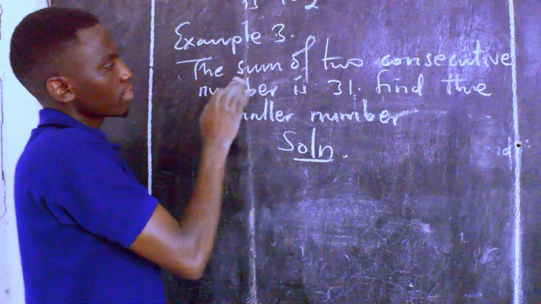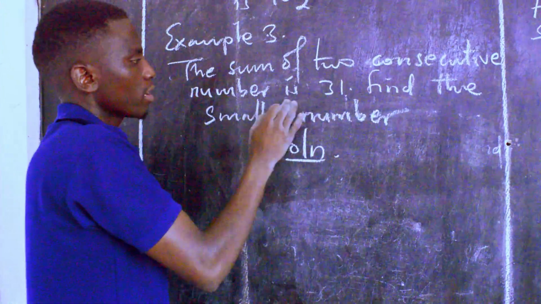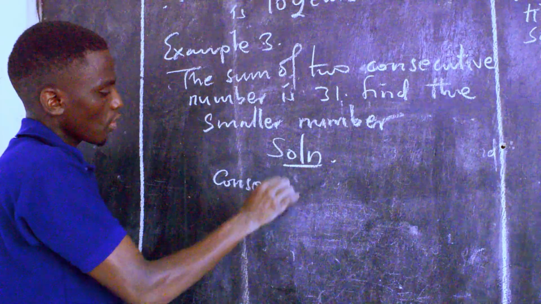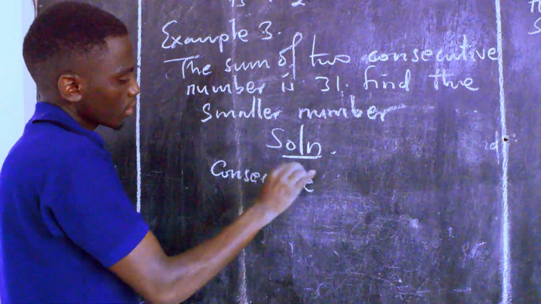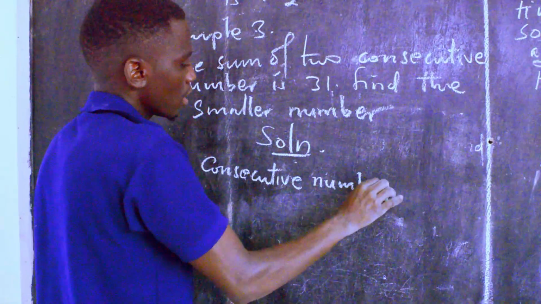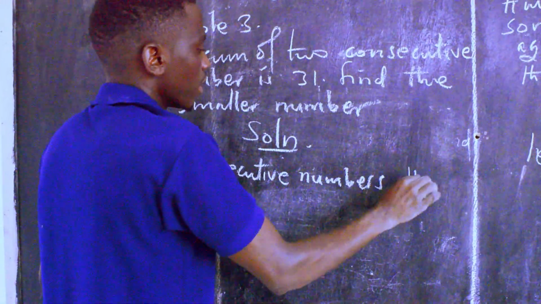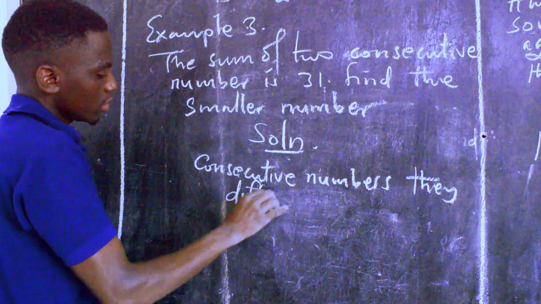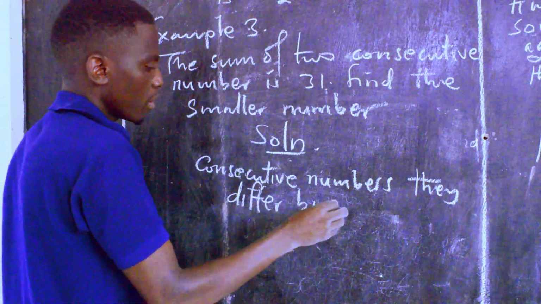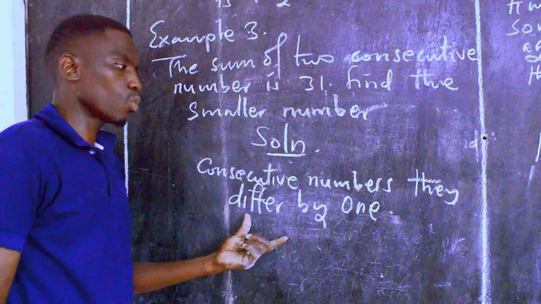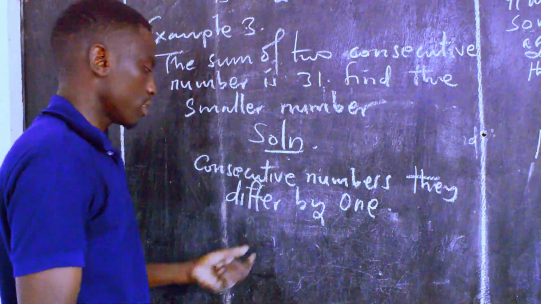You are given here the sum of two consecutive numbers is 31. Consecutive numbers are numbers which differ by 1.